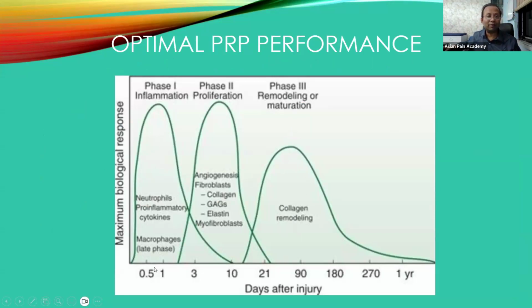It is not for pain relief. Immediately your pain will not be relieved. It is for regeneration, and regeneration comes slowly, so nearly 90 days is required. That's why I told you, do not use this method in an acutely painful patient. Use this method in a chronic pain patient, where under ultrasound you see that degeneration is the main problem. Then only you can regenerate.